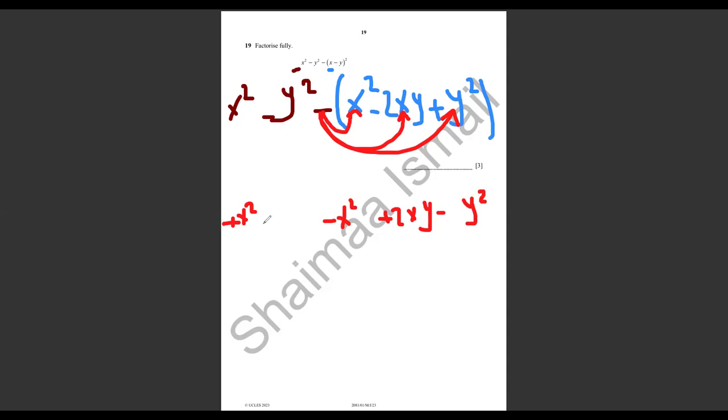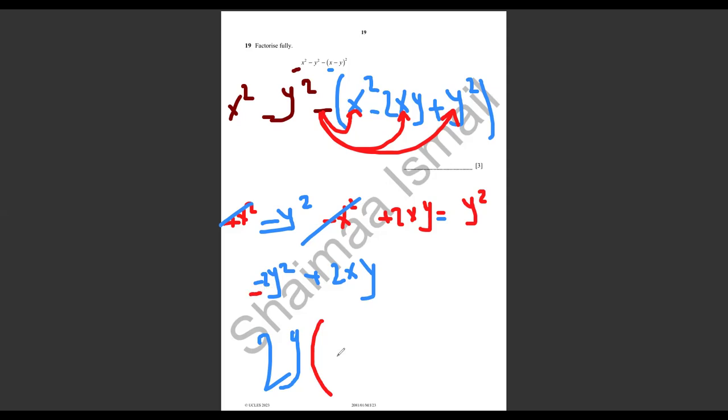And for here, we have also minus y squared. So this positive will go with a negative, minus with minus, minus 2y squared plus 2xy. By factorizing, getting 2y outside the bracket. So 2y outside the bracket.